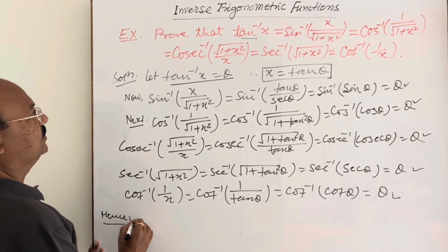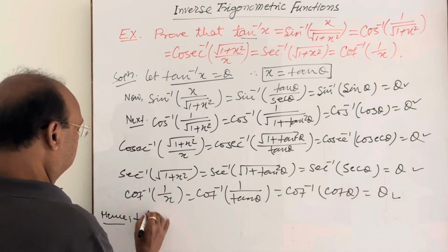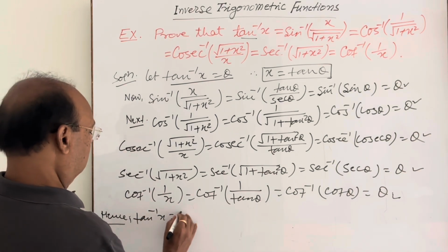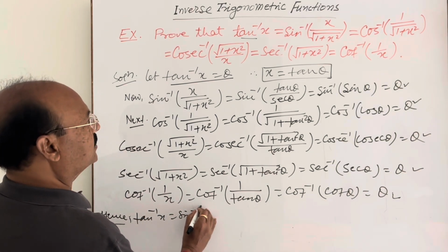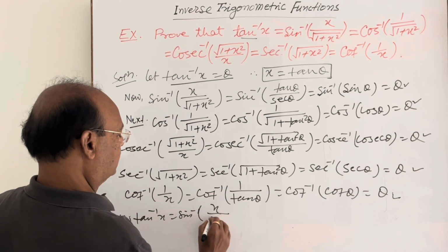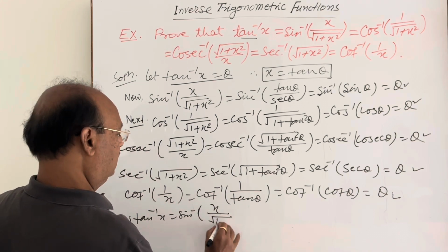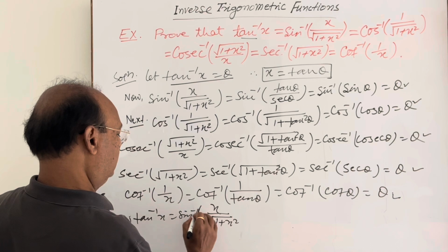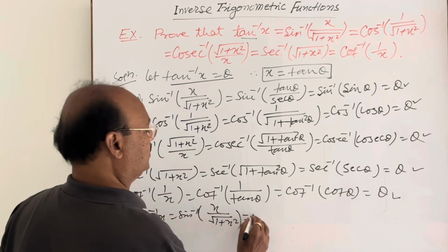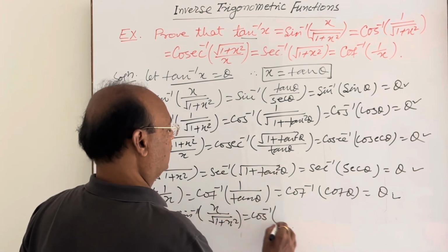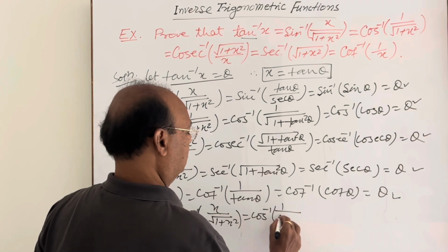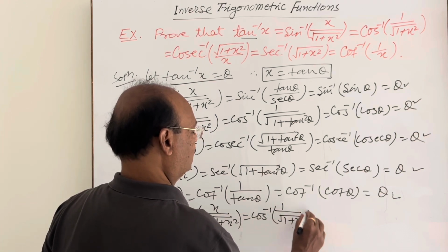we can write that tan inverse x is equal to sine inverse of x by root over 1 plus x square. This is equal to cos inverse of 1 by root over 1 plus x square.